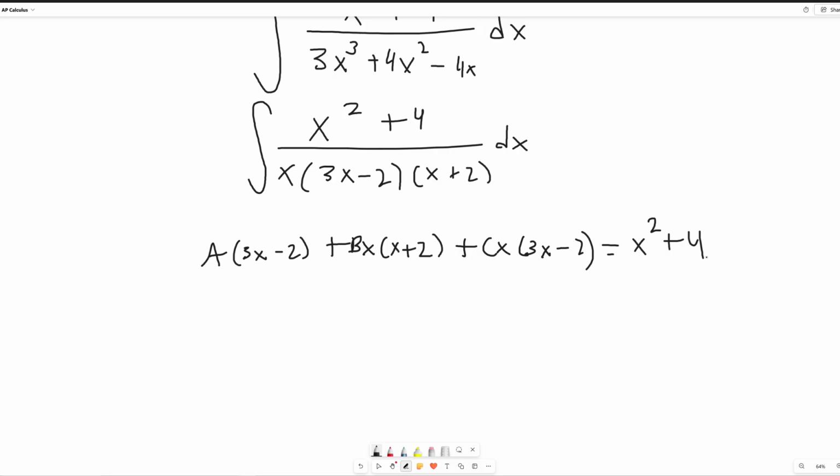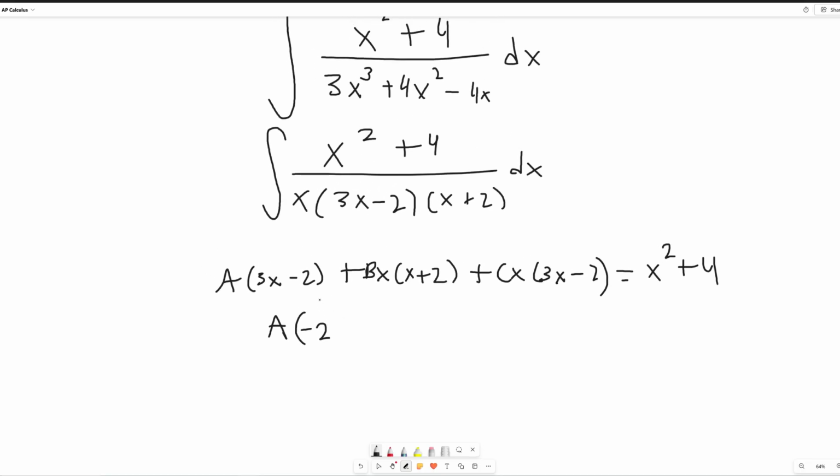Okay, so now we can find our a value by using the common factor here. There's an x on the b term and an x on the c term. So that means when you plug in 0, that b and that c is going to go away, and you'll only be left with the a. So we have a times 3 times 0, which is 0, minus 2, and then the x plus 2 term, which I forgot on this one.